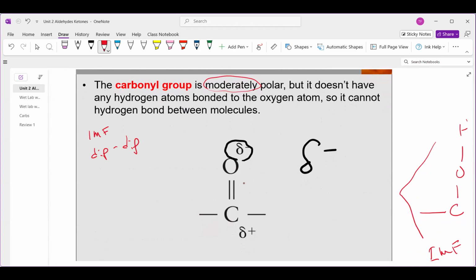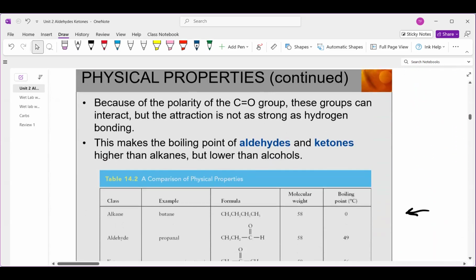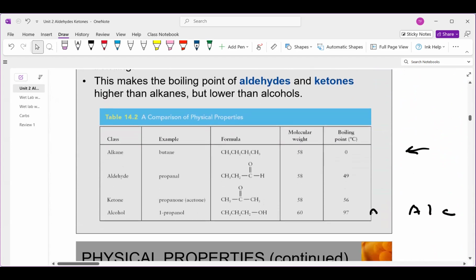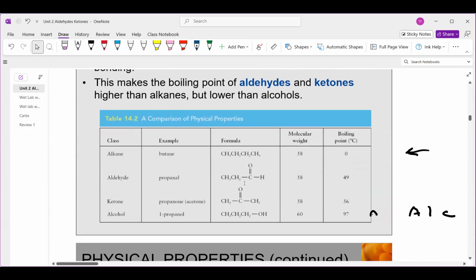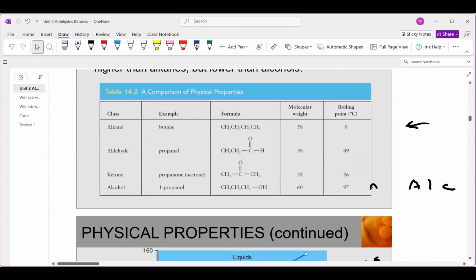So this is polar, but not as polar as an alcohol. Okay, we've got an alkane, there's always the lowest.